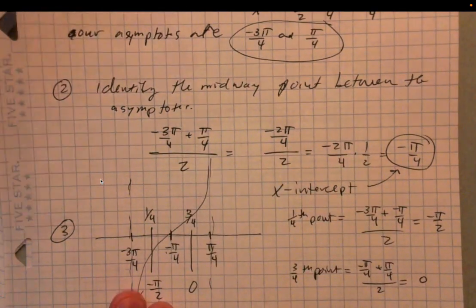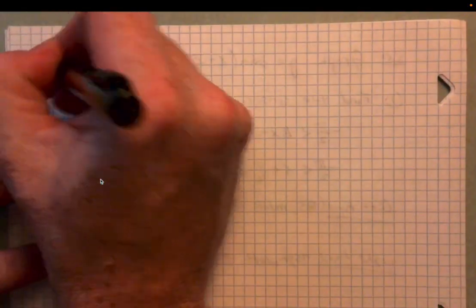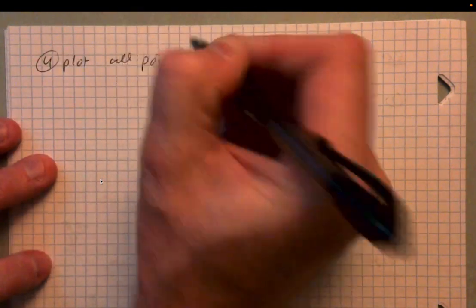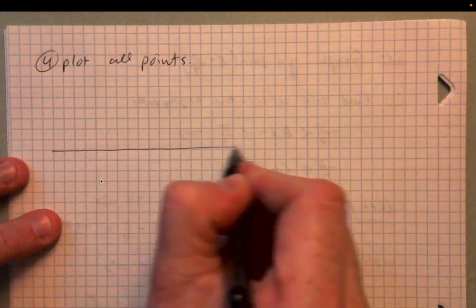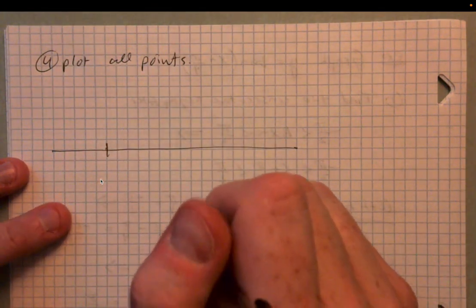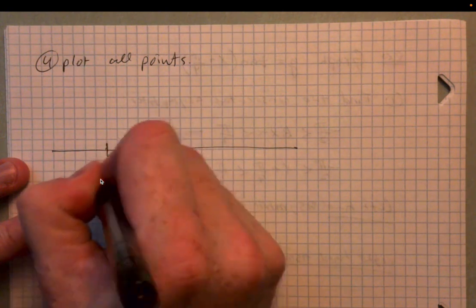Okay, so let's actually plot it nicely, though. Let's plot the thing nicely. That'd be step 4. Okay, so let's say I've got my negative 3 pi over 4 here.